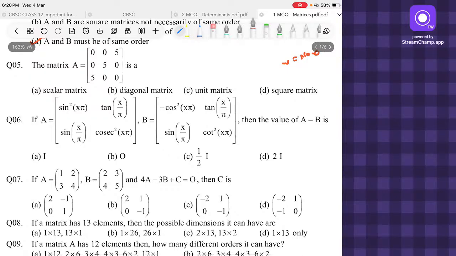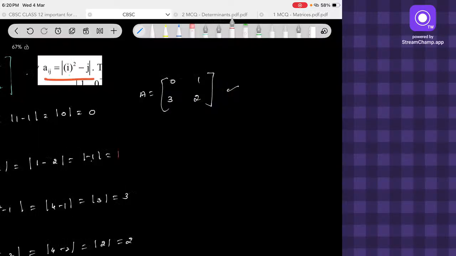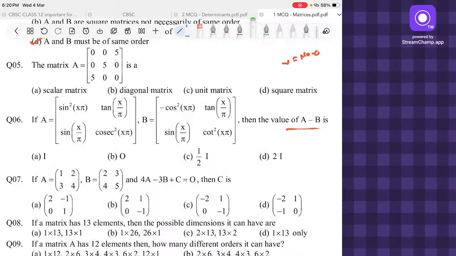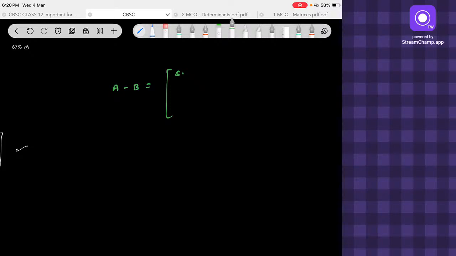This is a little bit advanced question. Sixth one. They are asking to find, matrix A is given, matrix B is given, what is the value of A minus B. If you take A minus B, what is matrix A? Sin square x pi, sin square pi x, minus, again here one more minus is there.